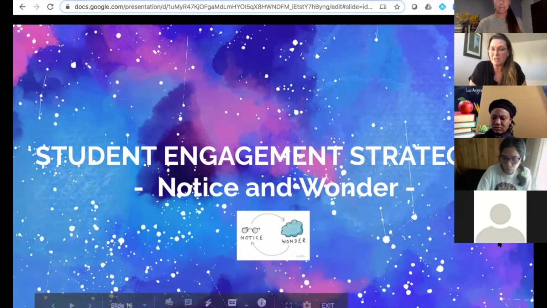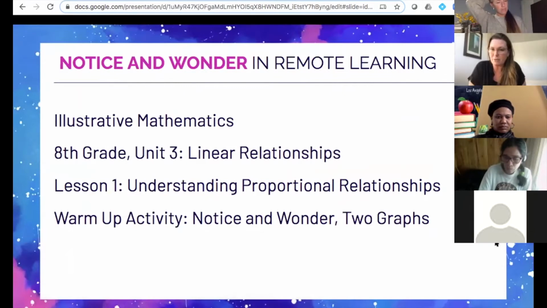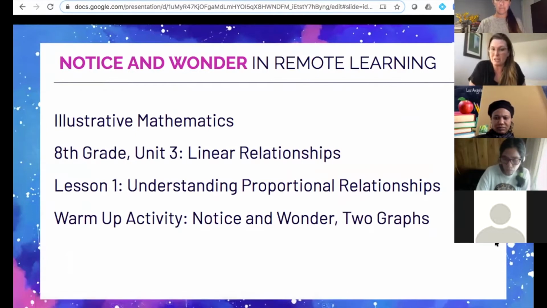The one we're going to use right now comes from the Illustrative Mathematics curriculum. I know that some people are using that one. This is an 8th grade linear relationships unit, and this activity comes from a warm-up on a lesson about understanding proportional relationships.